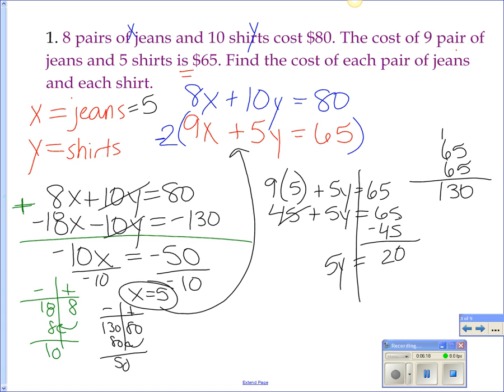And Bishop, divide last. What's 20 divided by 5? Close, 4. So I go back up here because that's y. So how much do shirts cost? $4. Shirts cost $4. Yes.